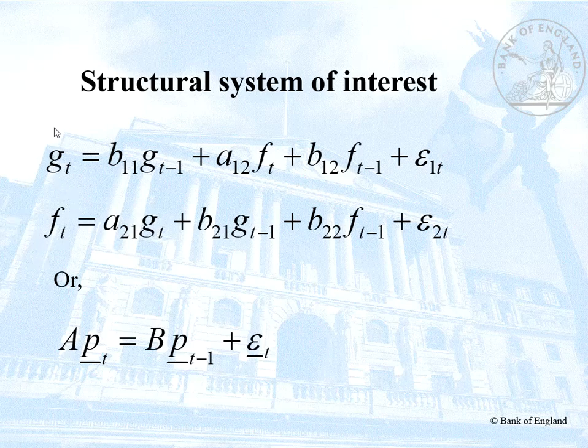Then we get all the current terms, and we summarize the variables as Pt, and we summarize all the coefficients as A. On the right hand side, we only have the lag terms, and we combine all the lag terms to be Pt minus 1, and we summarize all the coefficients of Pt minus 1 as B. And then we also combine the error term as this one.